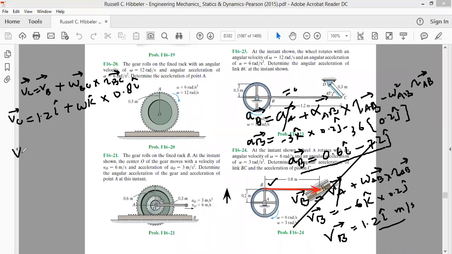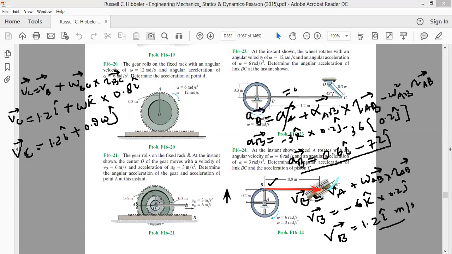Therefore, velocity of C, as we perform the calculations, will come out equal to 1.2 i cap plus omega into 0.8, that is 0.8 omega, where omega is omega BC which we have to find, k cross i is equal to j. Okay, this is VC.